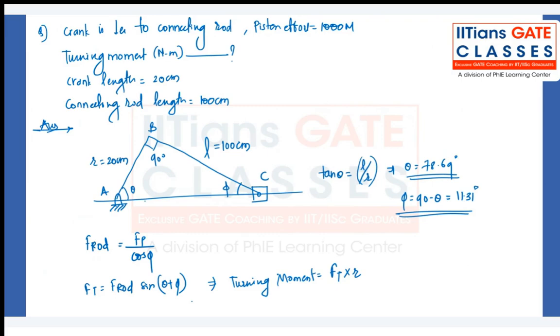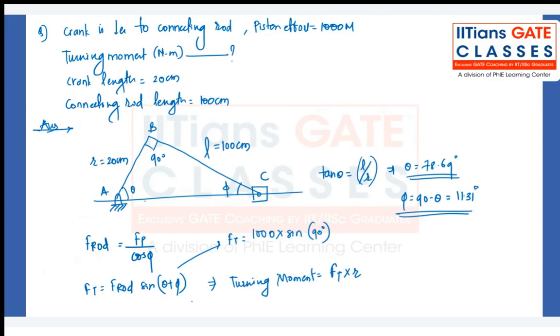Okay, so let's solve it now. What is F rod? Piston effort. Directly we can calculate Ft. Ft will be 1000 into sine of 90 degree divided by cos of phi.